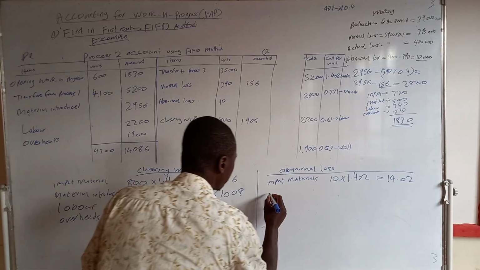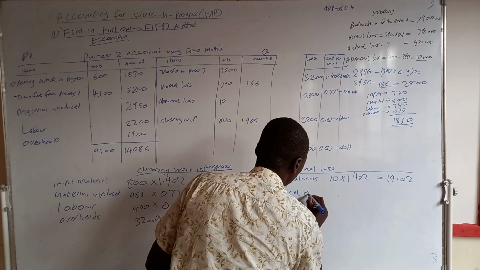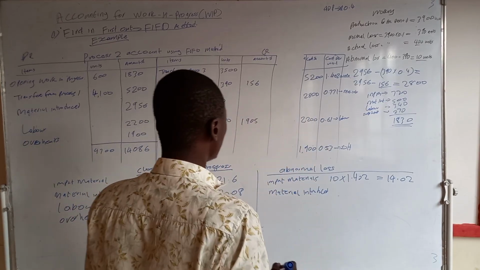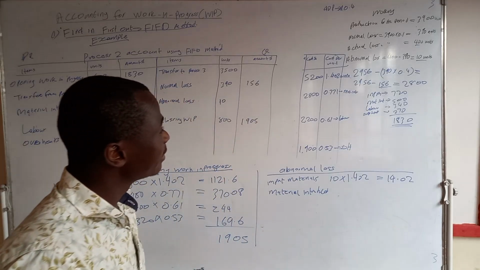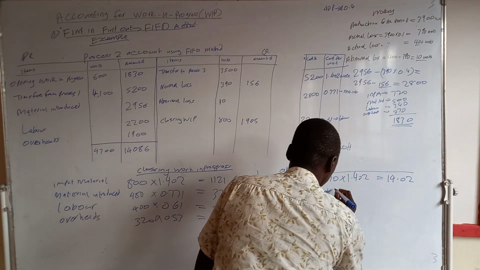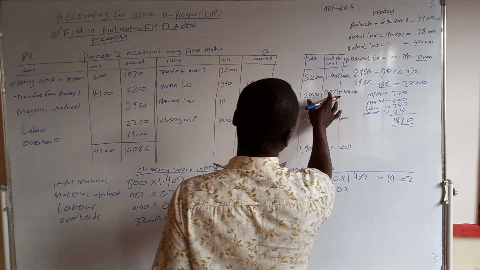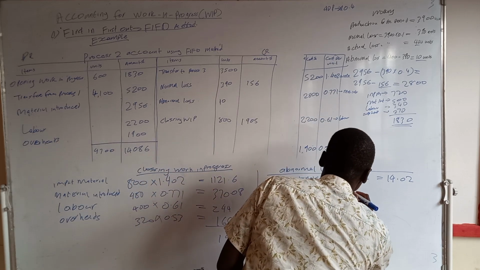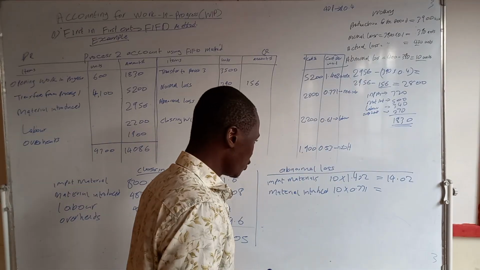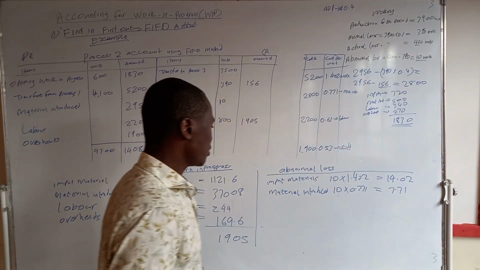We had material introduced. We had 100%, that is 10 units. 10 units times material introduced of 0.771 gives us 7.71.